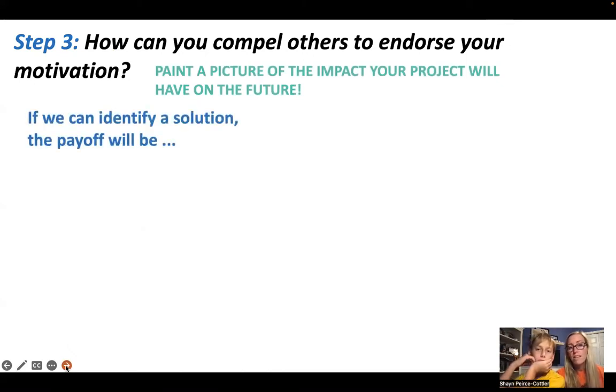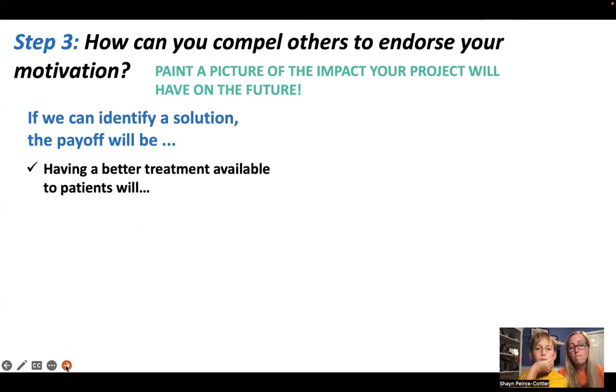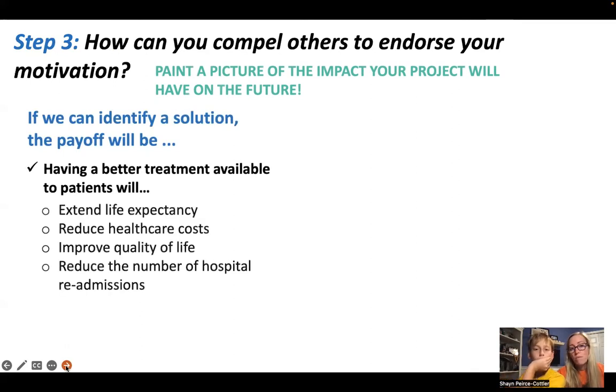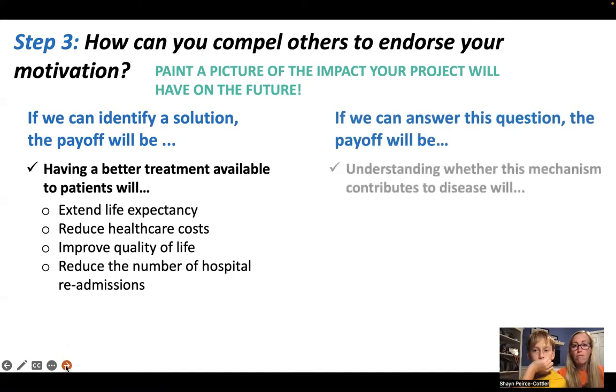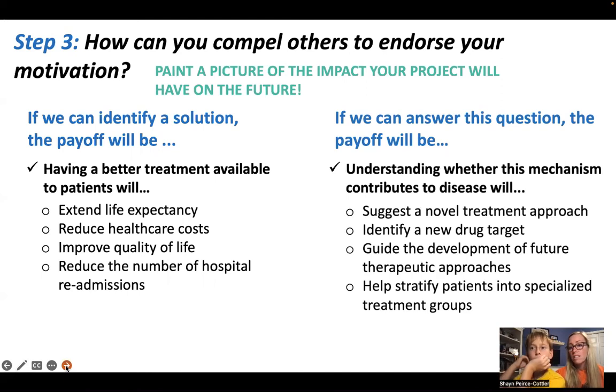So if we can identify a solution, the payoff could be having a better treatment will extend life expectancy or reduce healthcare costs or improve quality of life or reduce the number of hospital readmissions. Or if we can answer this question, the payoff will be suggesting a novel drug treatment approach or identifying a new drug target or guiding the development of future therapies or helping stratify patients into specialized treatment groups.